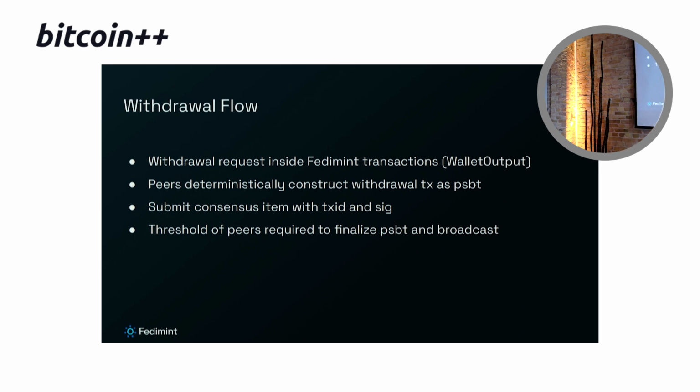The payout transaction here is a PSBT, a partially signed Bitcoin transaction. Once they construct this, they'll take the TXID, add their signature, and then submit this signature to the rest of their peers as a consensus item. And then once we see a threshold of peers that have submitted this consensus item, they can then take those signatures and finalize the PSBT and then broadcast it to the network.